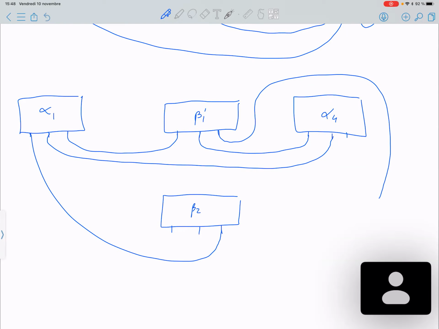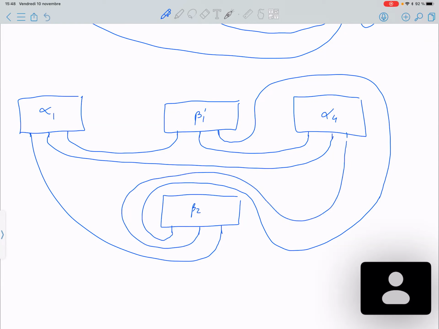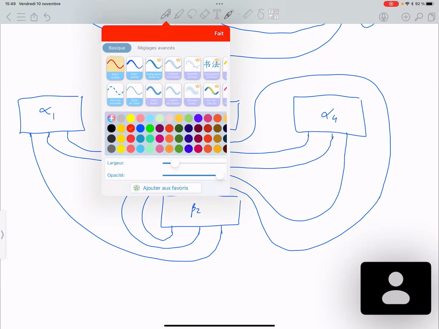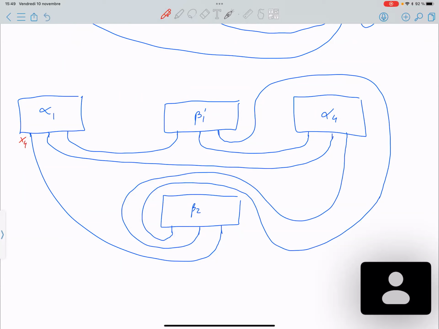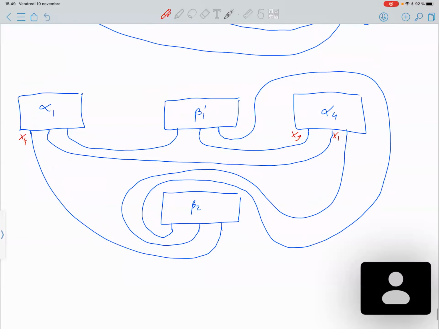Then we will go to the first leg of beta 2. And the second leg of beta 2 will go to the third leg of alpha 4. And we're done. So here it's x, x4, x9, x1. Okay.